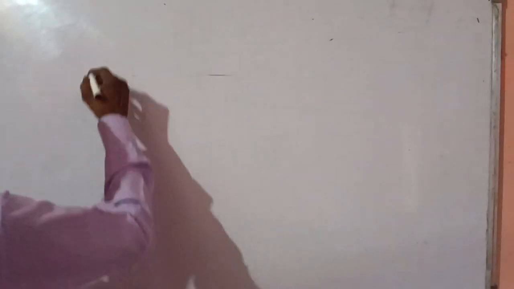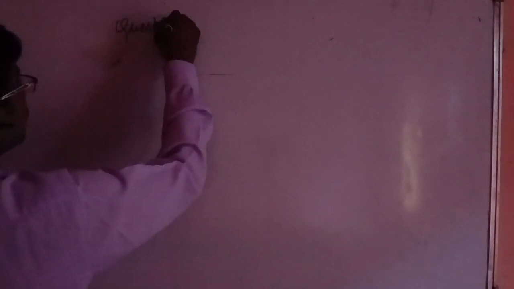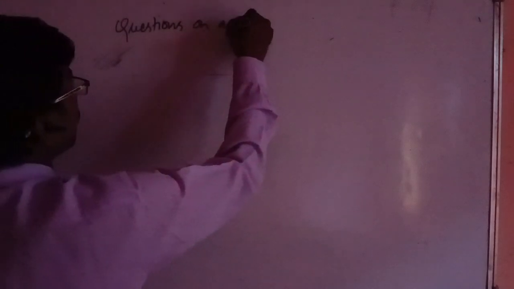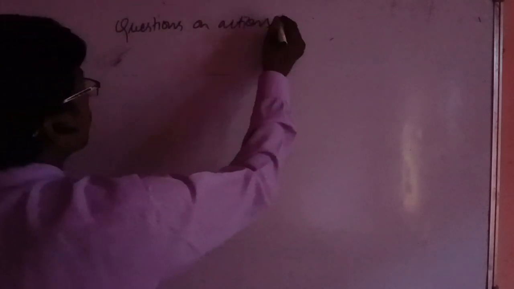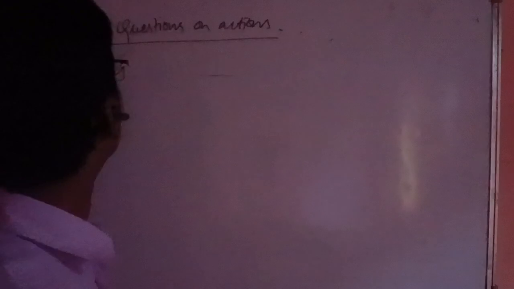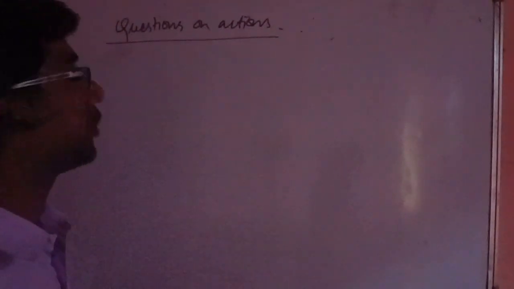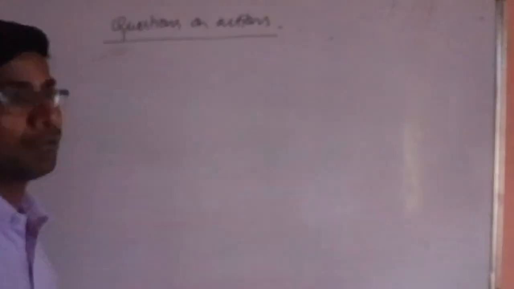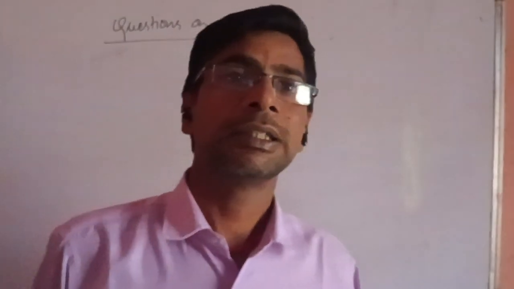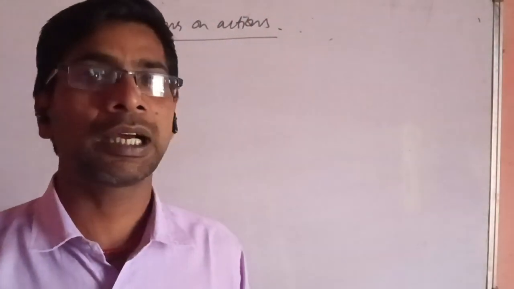Questions on actions. Sorry for the disturbance. To ask questions on actions, we generally have to think about what aspects of actions there are in a sentence, and what types of questions we can ask on actions.